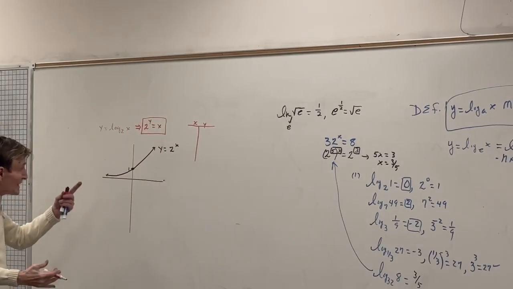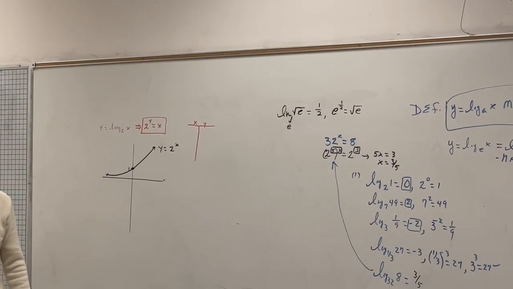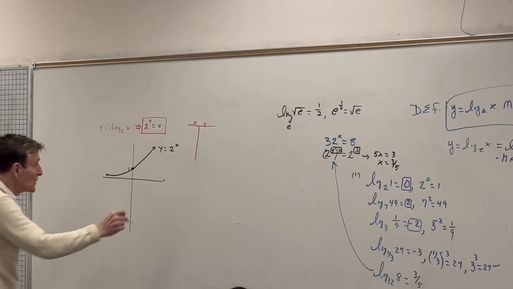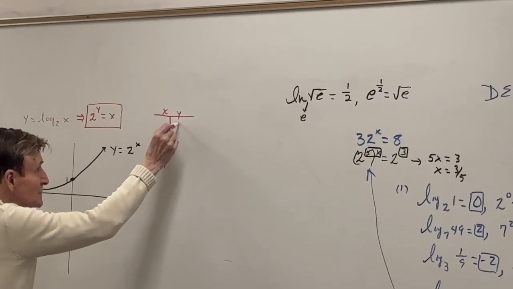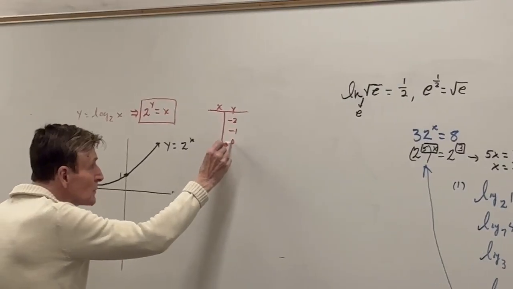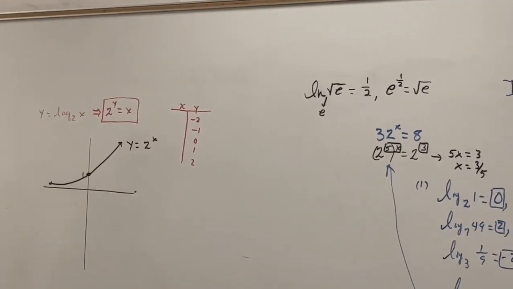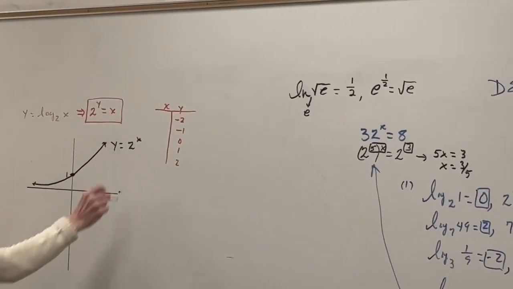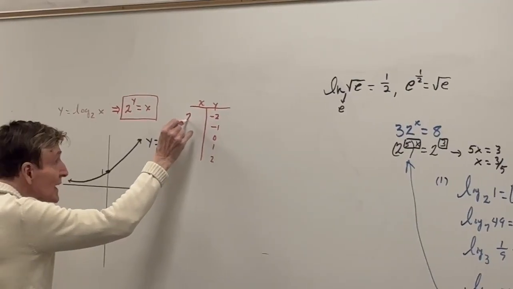That's what that means. Now, since I've got 2 raised to the y equals x, I think it'd be wise to put my numbers this time at random in the y column, because I've got to take 2 raised to the y. So in the y, just a mix of numbers. We'll try these. And then on the side here, this x should be 2 raised to the negative 2.